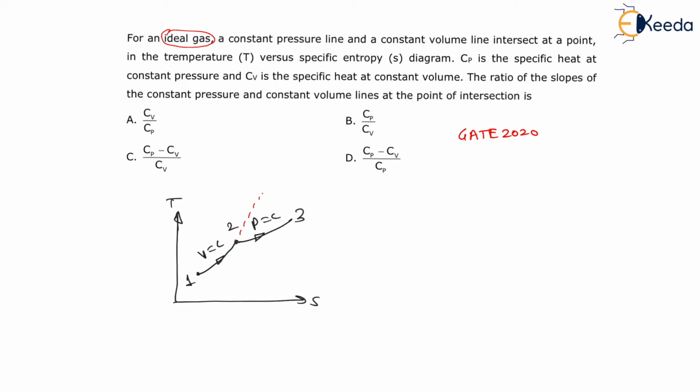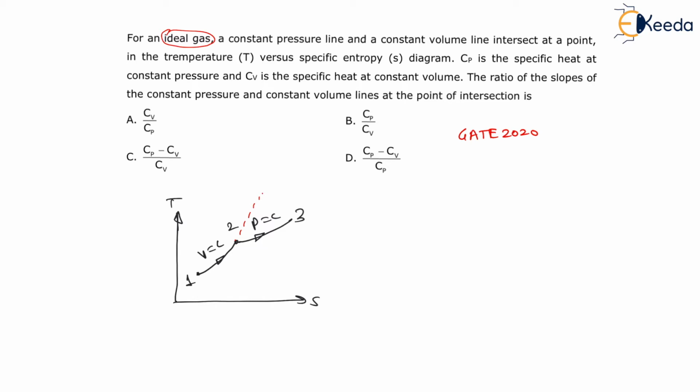Then read the question. For an ideal gas, the constant pressure line and constant volume line intersect at a point. Here at point 2 they are intersecting in a temperature versus entropy diagram. Cp is the specific heat at constant pressure and Cv is the specific heat at constant volume. The ratio of slope of constant pressure and constant volume lines at the point of intersection is?